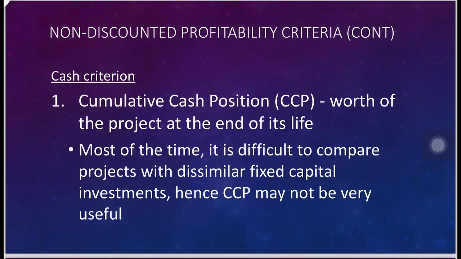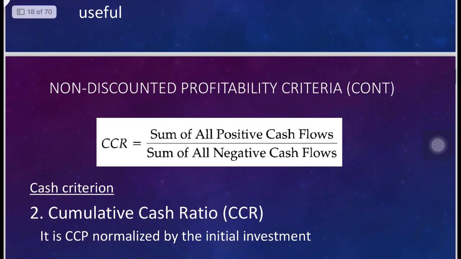But the CCP, you can see when you go back to the cash flow diagram. The CCP is the value of money at the end of your project life. All right. So that already includes the salvage value.